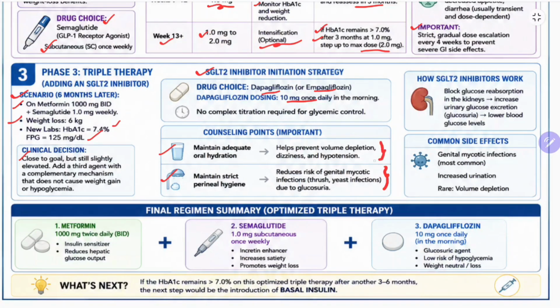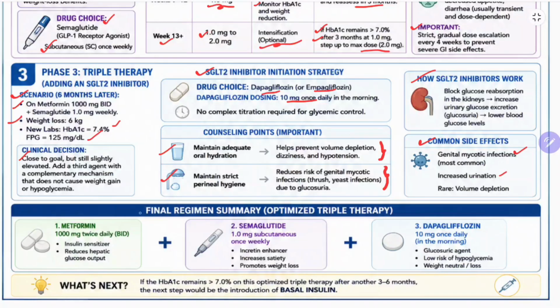And maintaining adequate oral hydration helps prevent volume depletion, dizziness and hypotension. We already know how SGLT2 inhibitors work, by inhibiting SGLT2 channels in the proximal tubule of the kidney. Common side effects we already know: genital mycotic infections and increased urination.